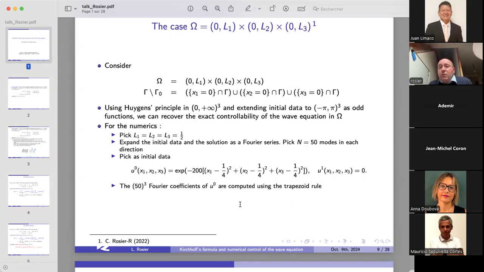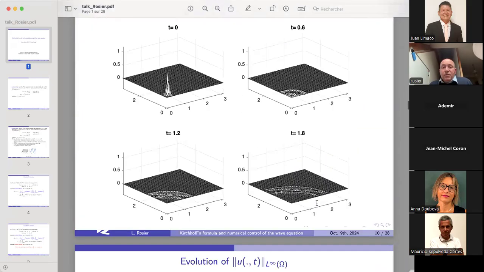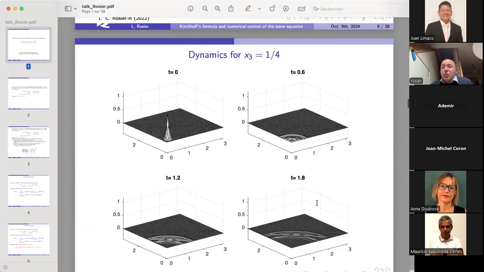And actually, we can represent the solution as a Fourier series, which is completely easy to do. But of course, to do the computation, you have to compute the Fourier modes. And we have a lot, because we have 50 to the 3 Fourier modes of the initial data. To do that, we use the trapezoid rule, and we obtain this result. So don't forget that we are working in dimension 3 for the space.